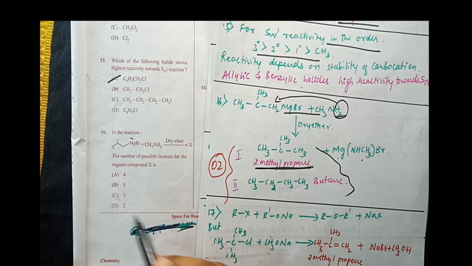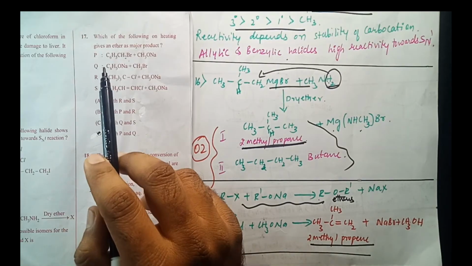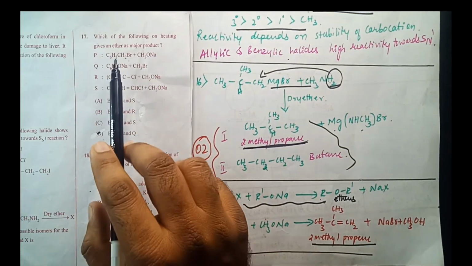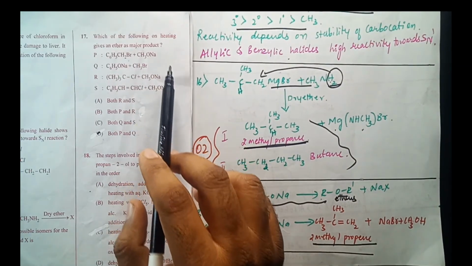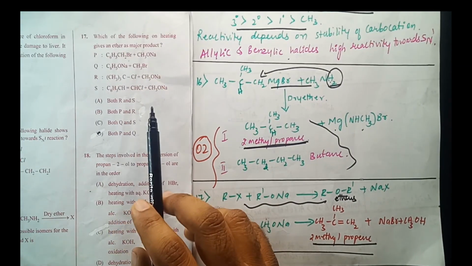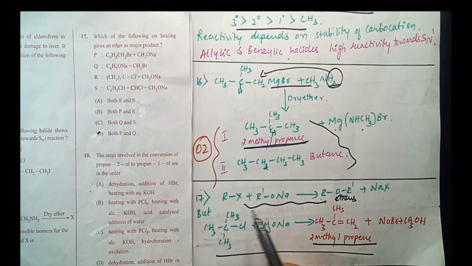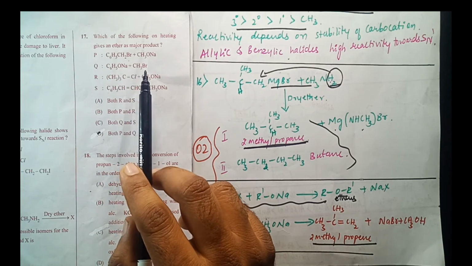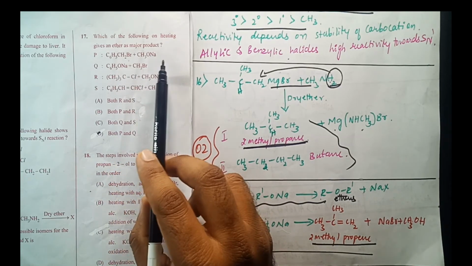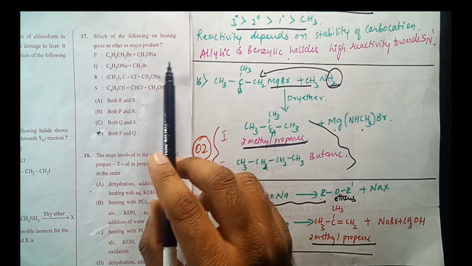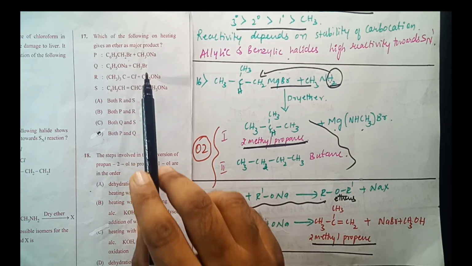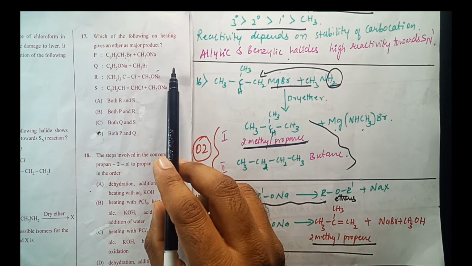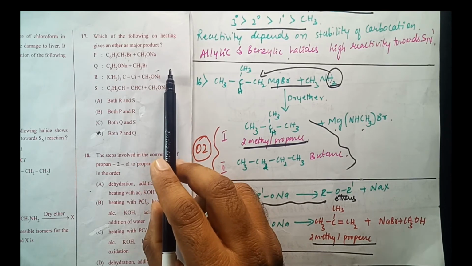So the 17th question: which of the following on heating gives ether as a major product? This question is based on the Williamson ether synthesis. For that we require an alkyl halide, which when treated with sodium alkoxide gives ethers. The first option, C6H5CH2Br plus CH3ONa, with the elimination of NaBr, gives ethers. The second option, C6H5ONa plus methyl bromide, with the elimination of NaBr, also gives ethers.